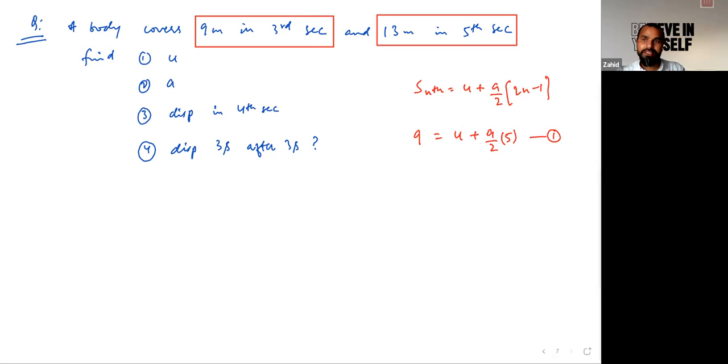We have two different variables, u and a. Similarly, for the second part, displacement is 13 meter, u plus a over 2, and the time is the fifth second, so n equals 5, 2 times 5 is 10, minus 1 is 9. So we have the second equation.